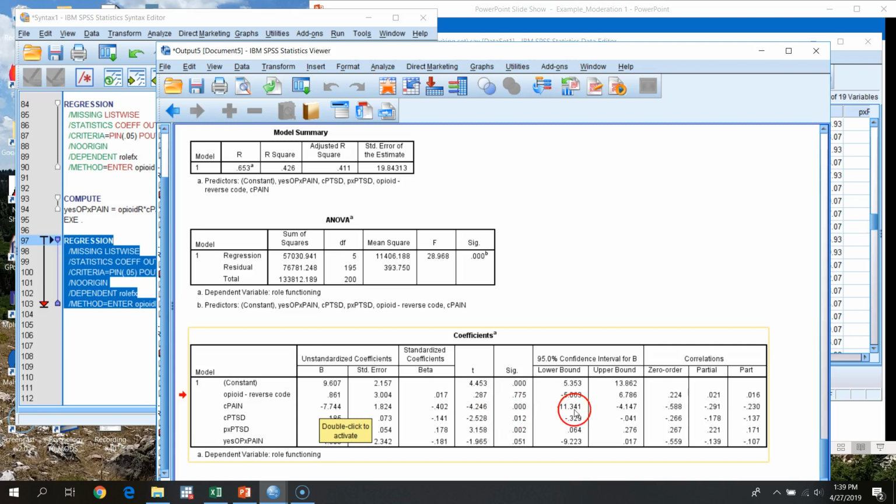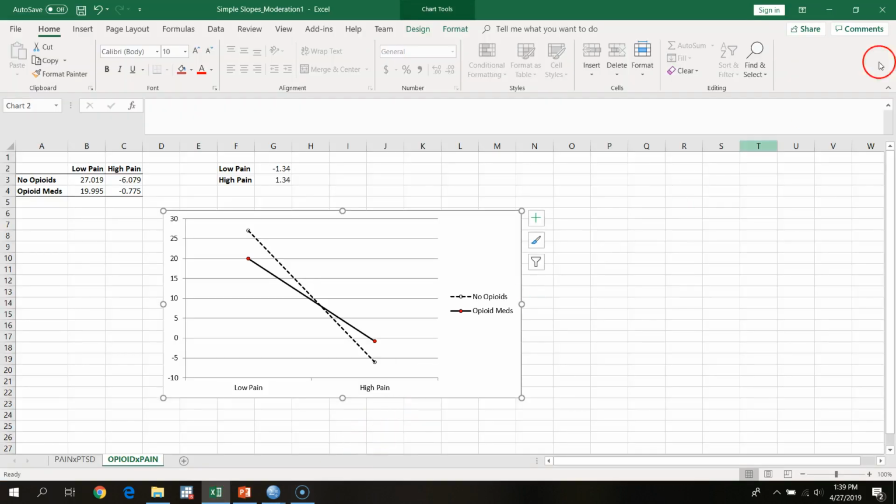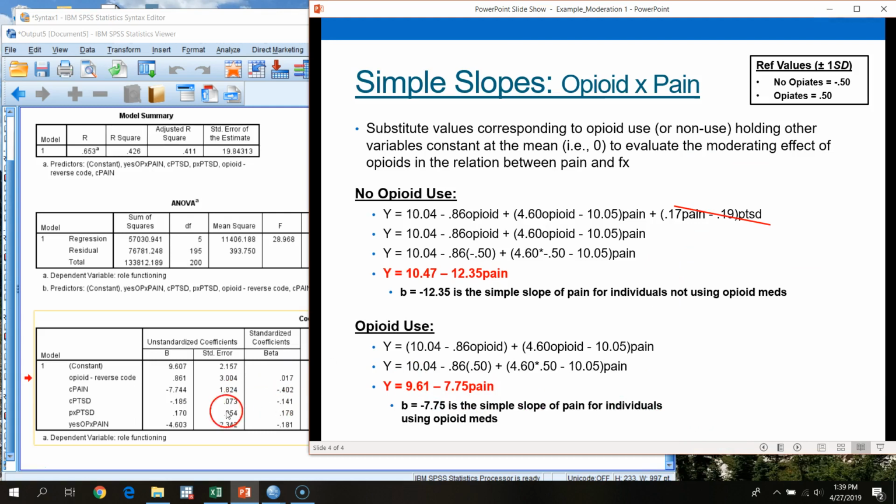We see that this is also statistically significant. If I take a look at my conditional effect here, I see 9.607, 9.61, negative 7.74, right? Within rounding error here, everything's matching up.